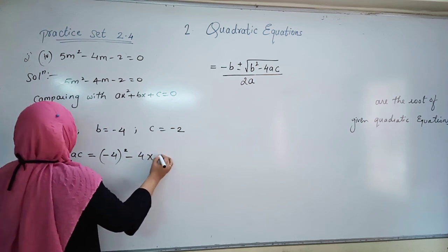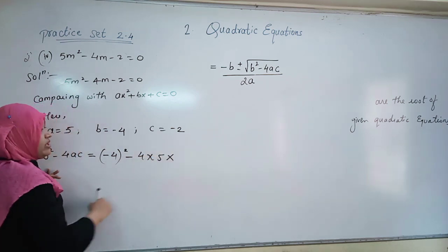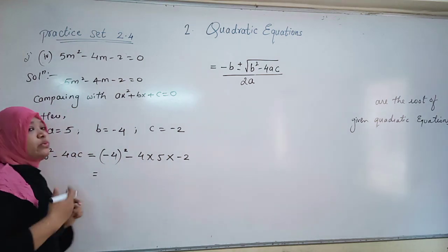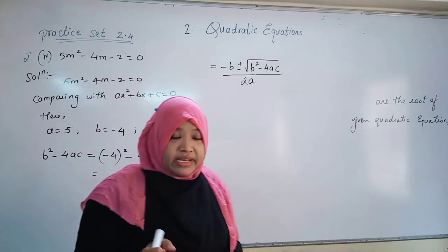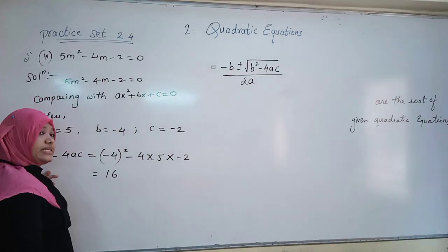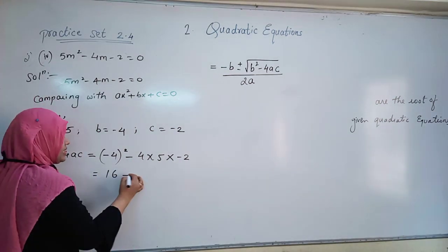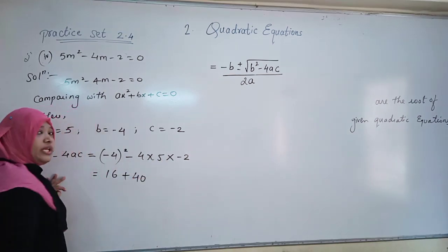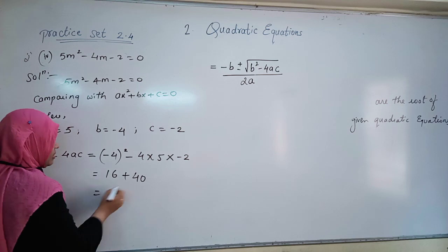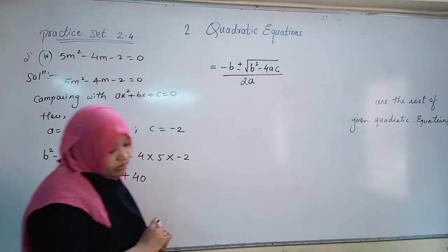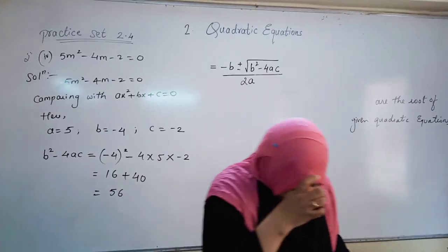Minus 4 into a value is 5, c value is minus 2. Come on, the square of minus 4. 4 4s are 16, minus minus plus. So we write here 16, plus, 5 4s are 20, 2 2s are 40. Understood? Now add these numbers, we got 56. Right student? Here we got the number 56.